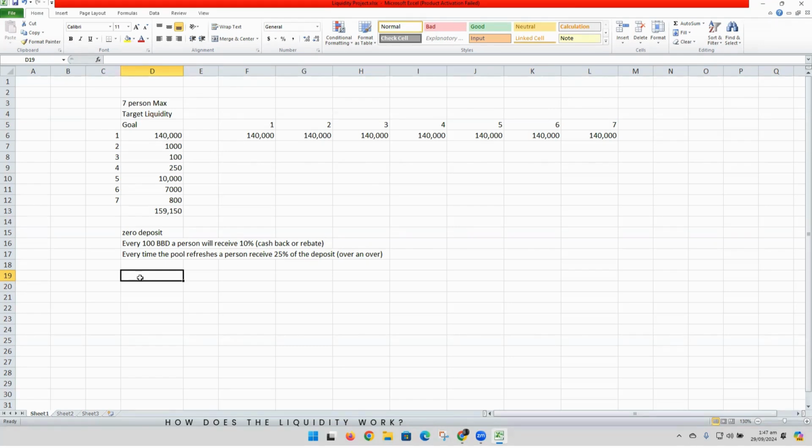So let's write out: determine what you give back to the pool so it does not hurt you reaching your financial goal.